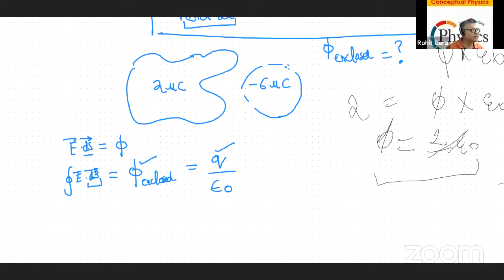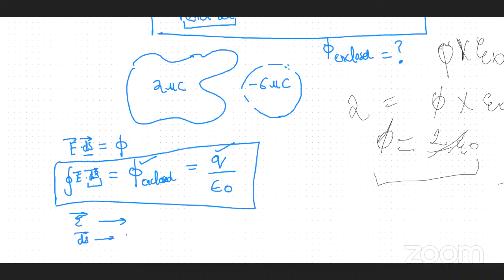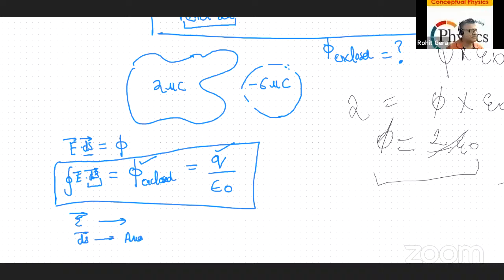This whole expression which you see, with Q by epsilon, there is an electric field, there is an area vector.